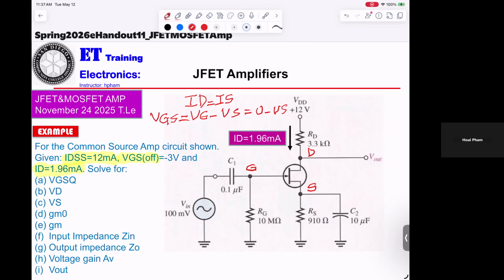And you know VGS equal minus VS, and VS equal ID times RS.